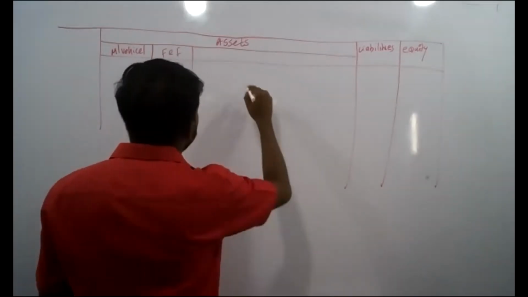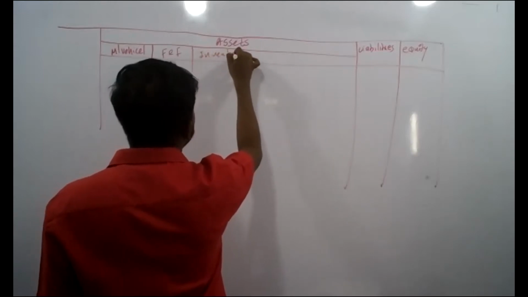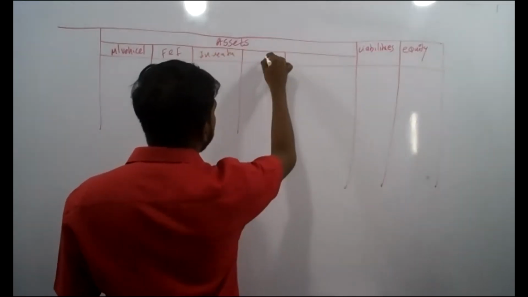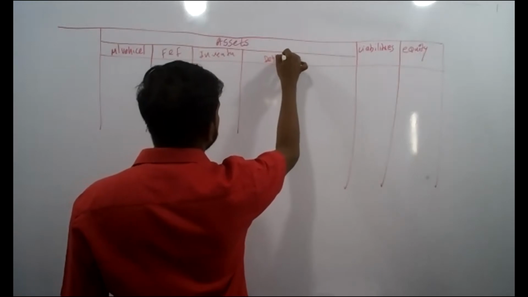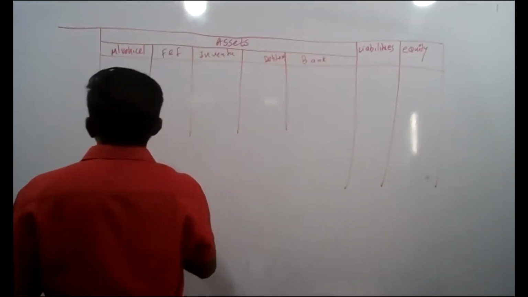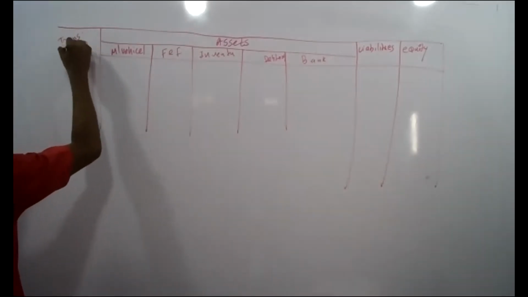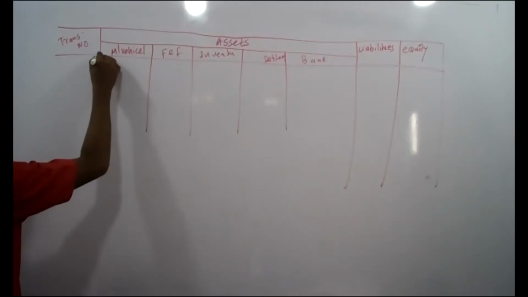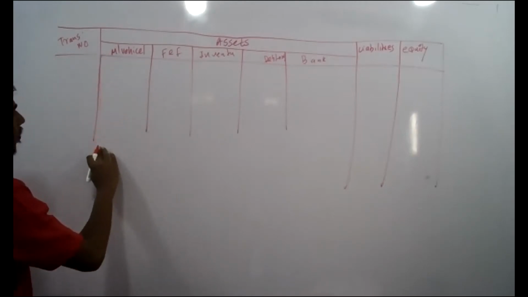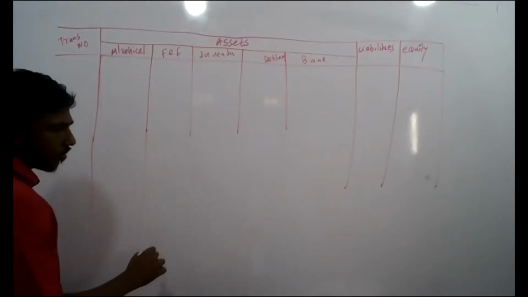Then inventory. Then the debtors and bank. Here is the transaction number.